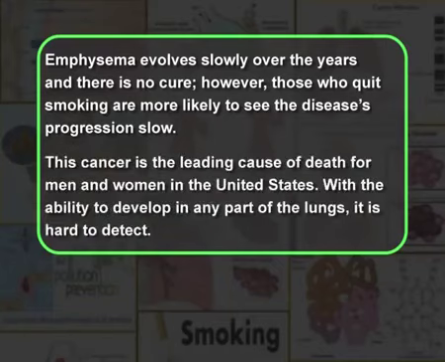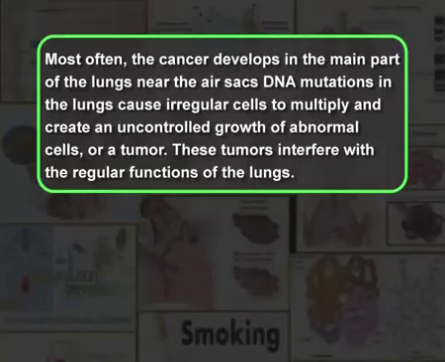Now, lung cancer is the leading cause of death for men and women in the United States. With the ability to develop in any part of the lungs, it is hard to detect. Most often the cancer develops in the main part of the lungs near the air sacs. DNA mutations in the lungs cause irregular cells to multiply and create an uncontrolled growth of abnormal cells, or a tumor.